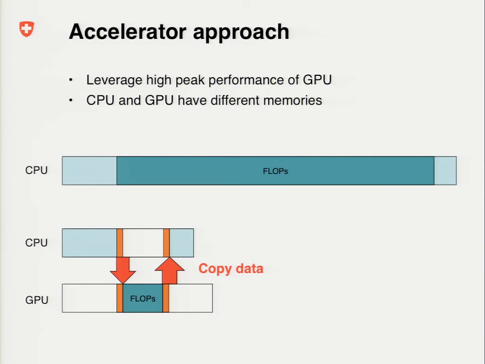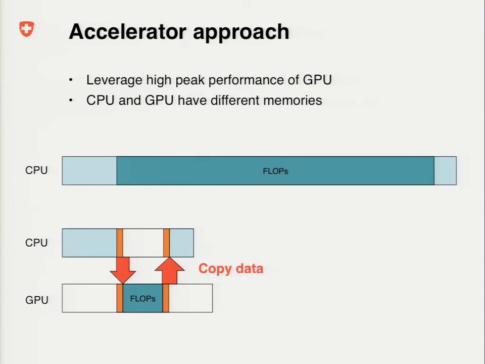So say you have a code, and you get into this region which does lots of flops. Typically you would copy the data to the GPU, do these flops on the GPU a lot faster, and then copy the results back. The result might be something like the density of water. And as long as this runs a lot faster, then you have gained something by going to GPU.